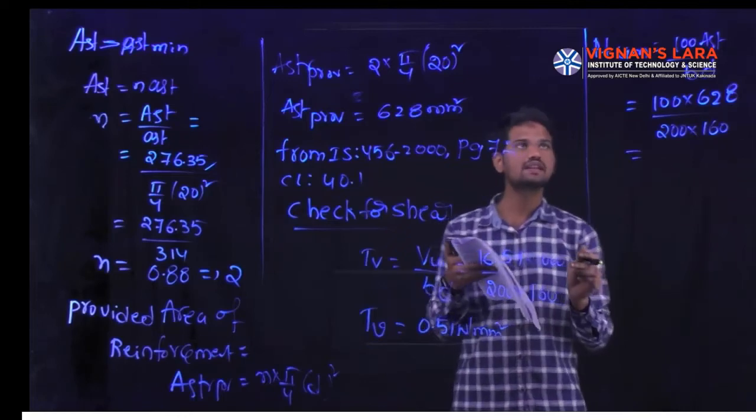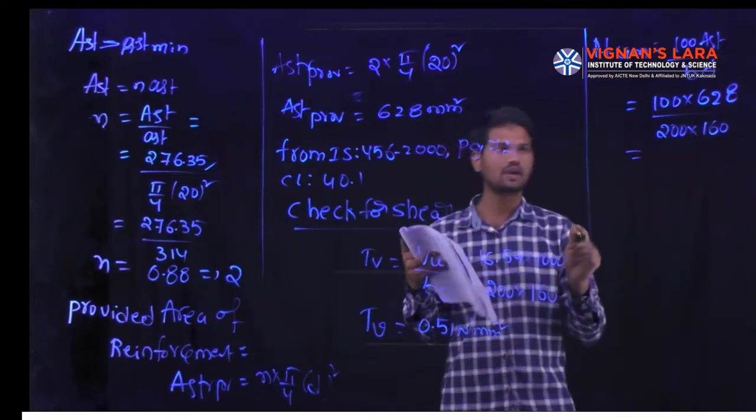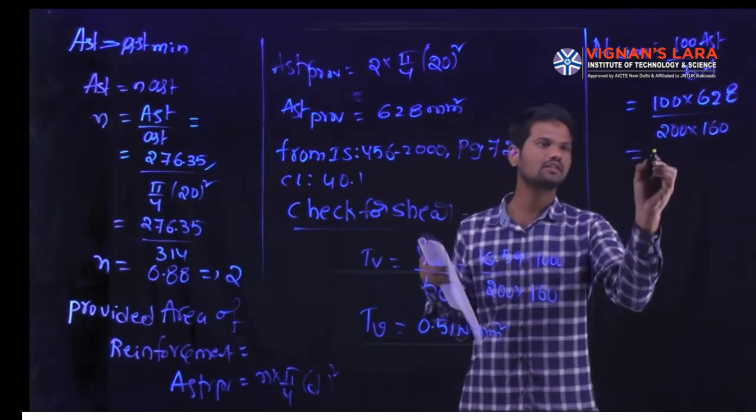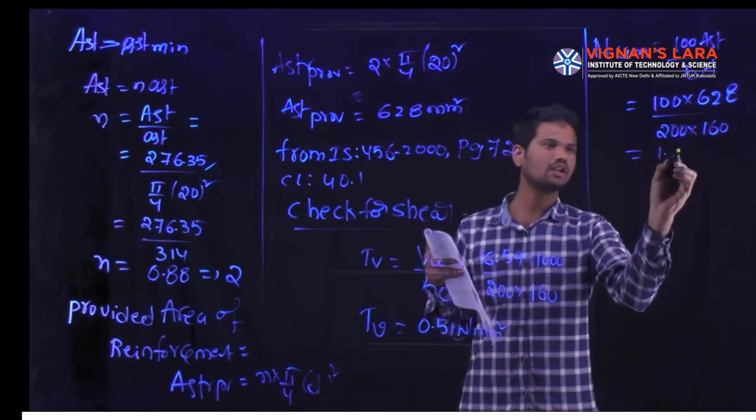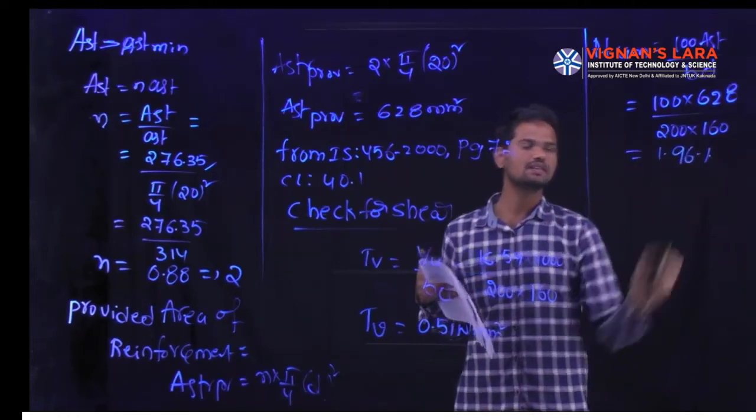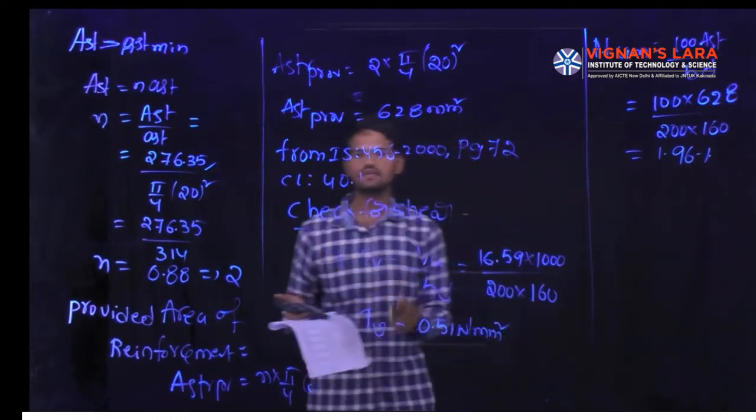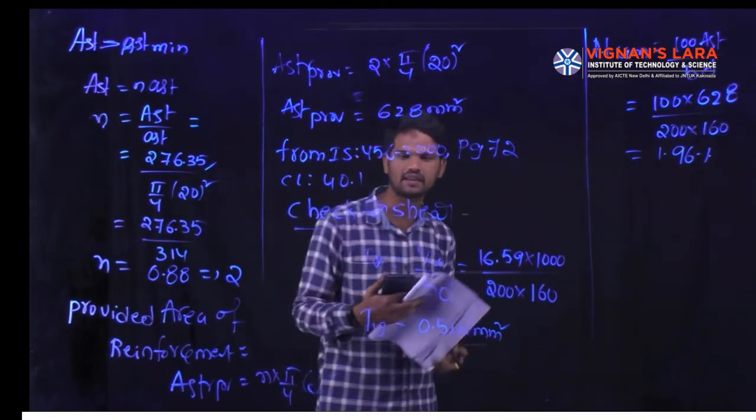I am getting this value as 1.96 percent. This is the percentage of reinforcement we have to provide in the beam.